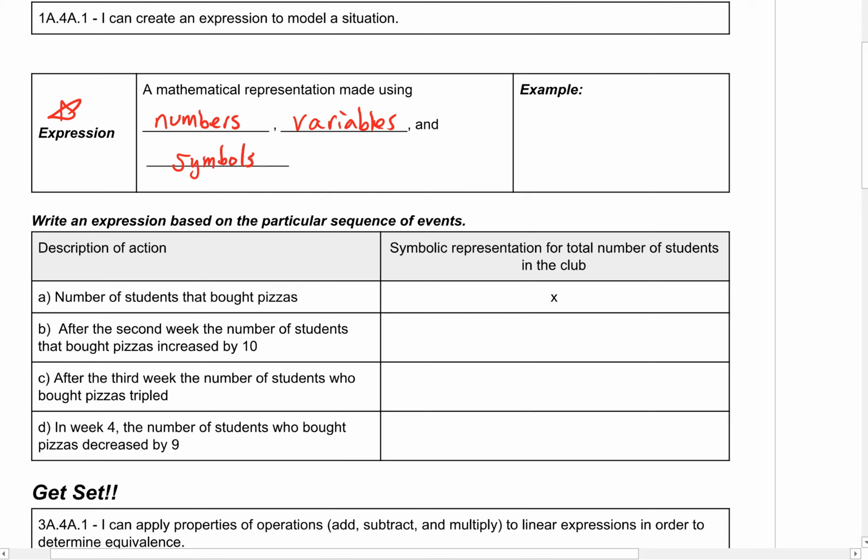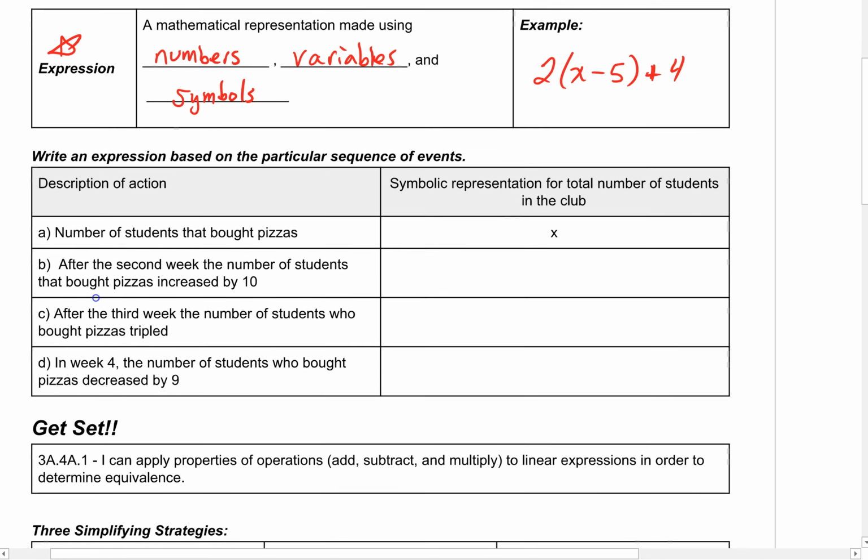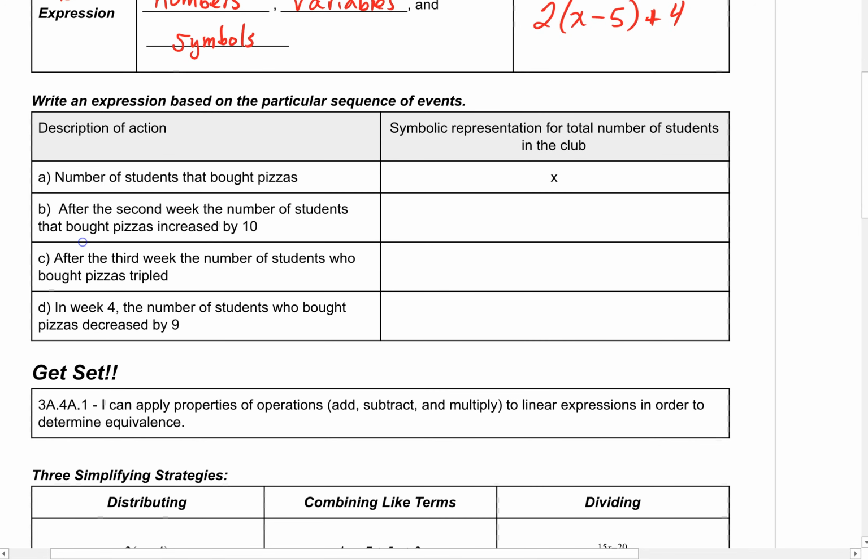An example of that could be something such as 2 times x minus 5 plus 4. We've written many expressions in the past, and we've just done that as we've been working with our 4.1 task. Let's go through something very similar to the task right now.